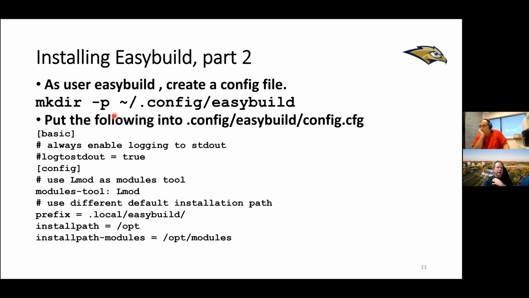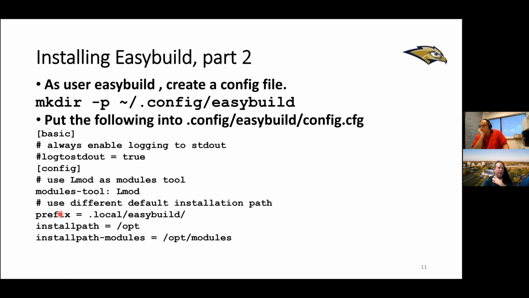We create ourselves a config file. You don't have to absorb all this here. We're just going to walk through it, but we create a config file in the easy build home. Again, we're logged in as easy build, and that config file, the way we set it up here, much of this is commented out. But the modules tool we identify as being lmod.